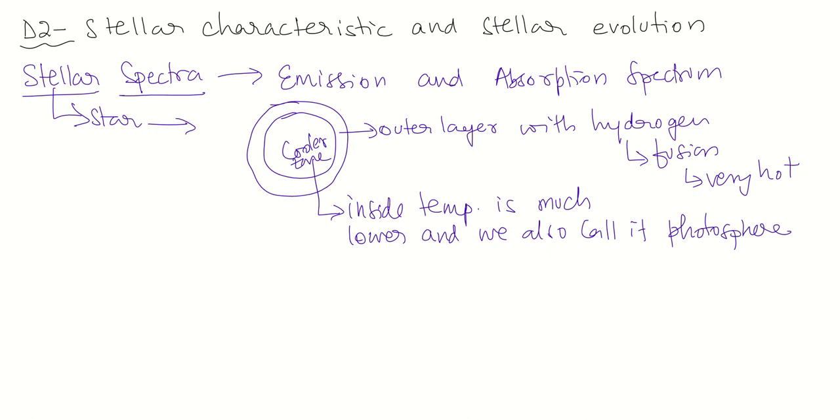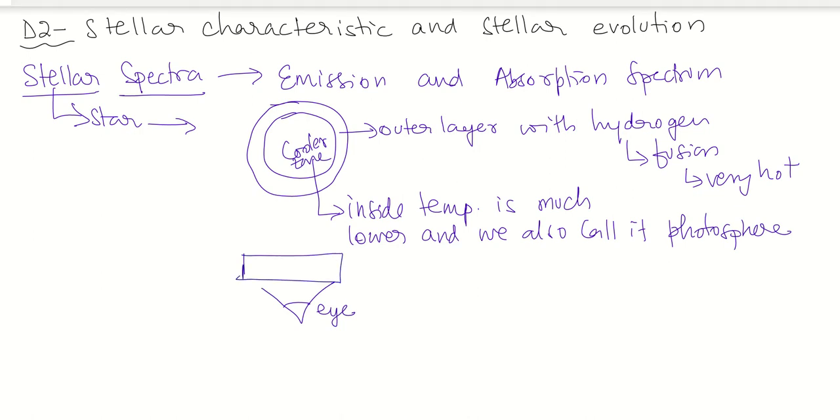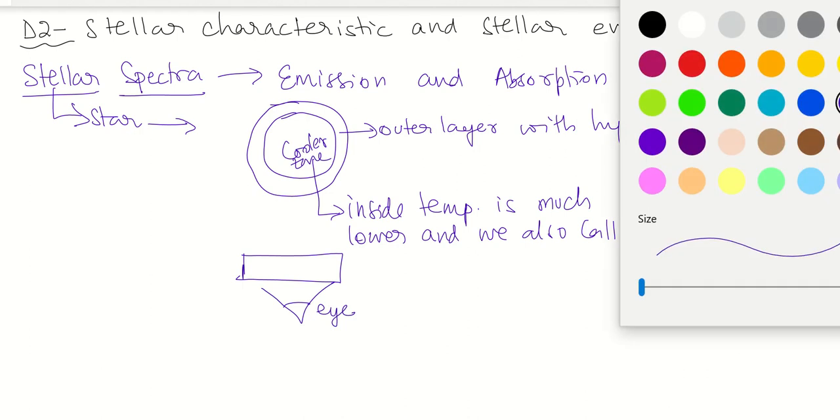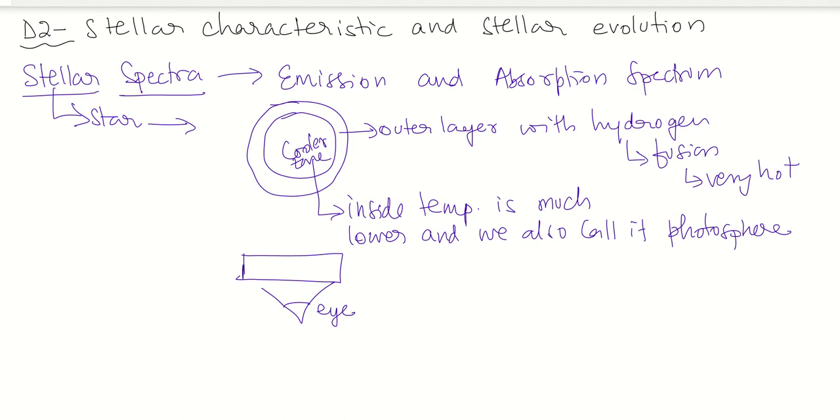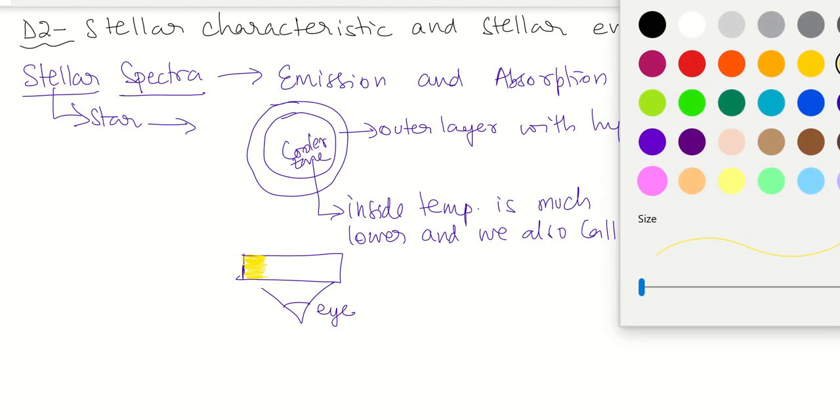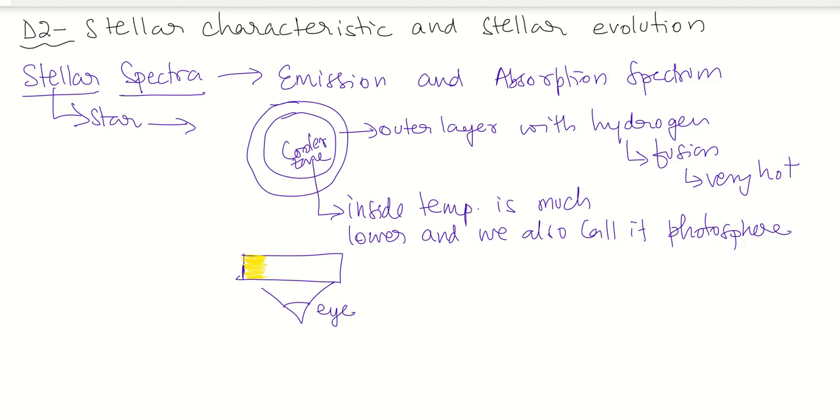Now if we are watching from here, if this is our eye, let's say, then we will be able to see a continuous spectrum here. So what do I mean by continuous spectrum? You can see maybe yellow color here, and then another color, and then maybe another color.